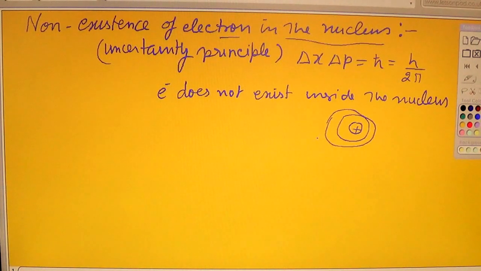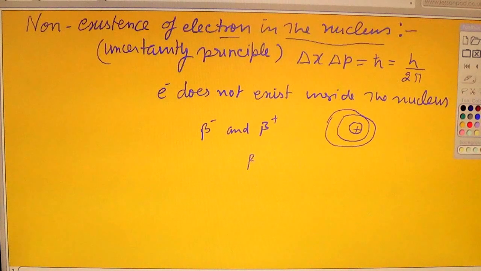It does not exist inside the nucleus, but in nuclear decay, you know that when a nucleus disintegrates, beta particles are emitted, beta minus and beta plus.